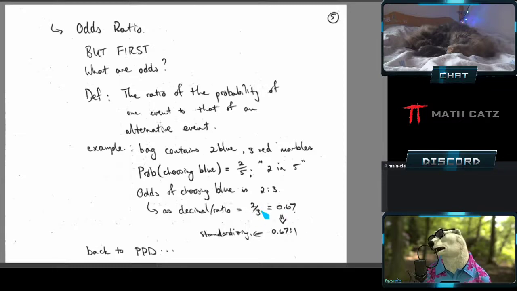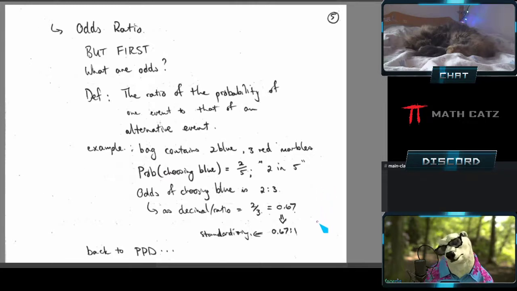So the answer of this ratio will always be to 1, and therefore I don't have to say the 1, and I can present the odds as 0.67. Not as common, for me, definitely not. But understand that it is a different package, a different presentation of the exact same thing. And I'll be able to get from one to the other, probability to odds, odds to probability, if I choose to.